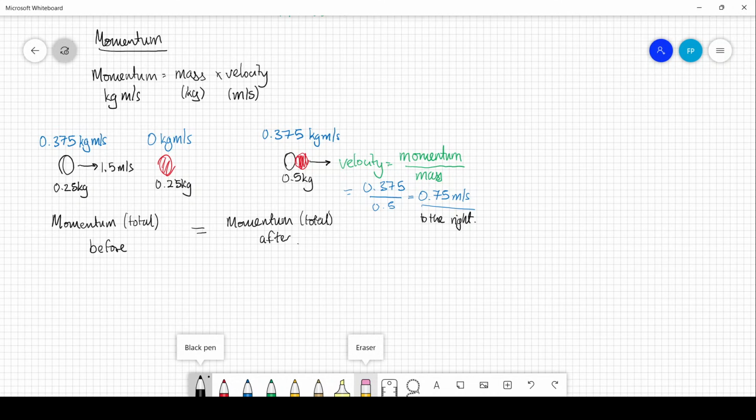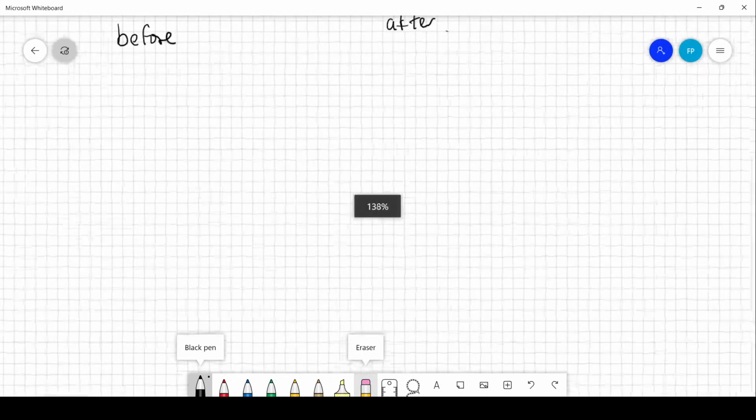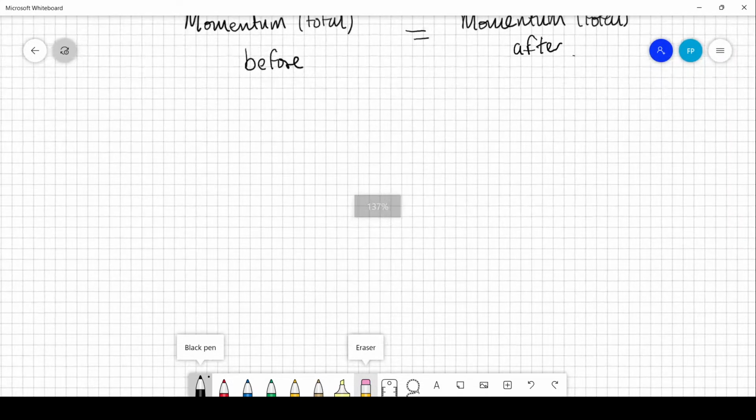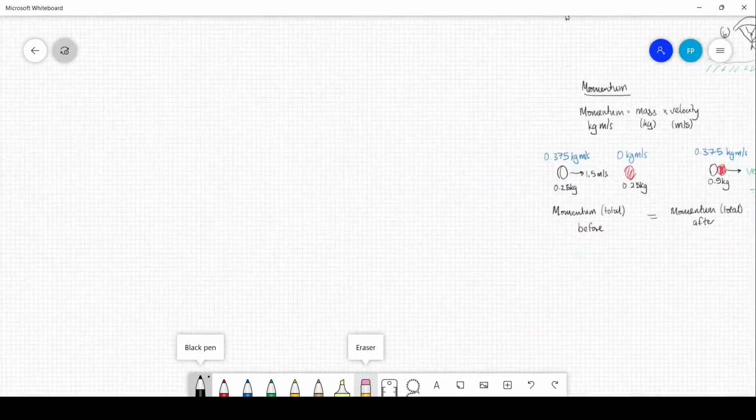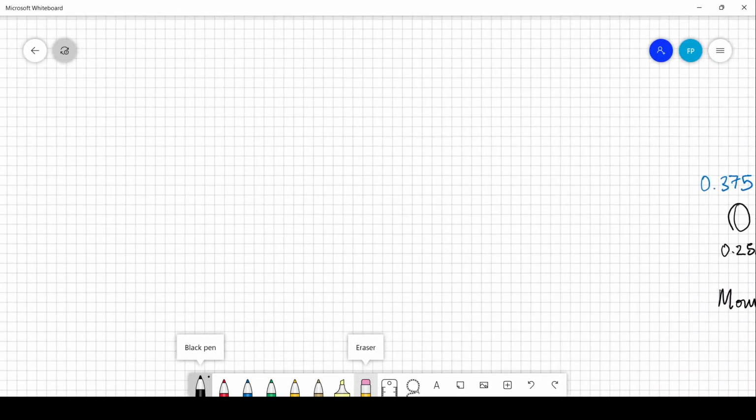The last thing we're going to look at now are some vector diagrams. And this is the last bit for today on forces, before we move on to waves. Now with the vector diagrams, you could be given two forces, for example, on an object.